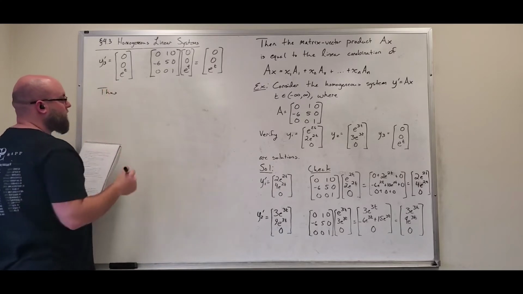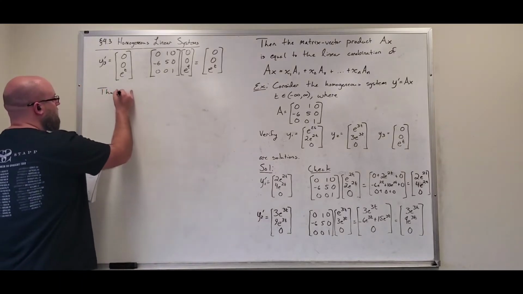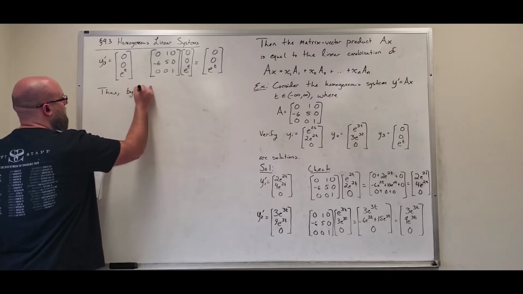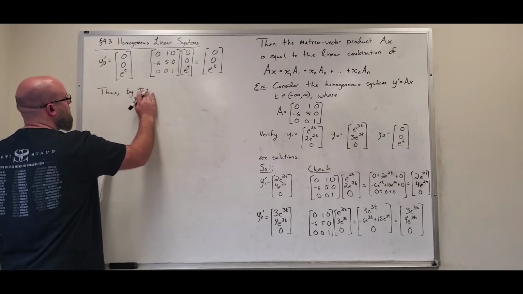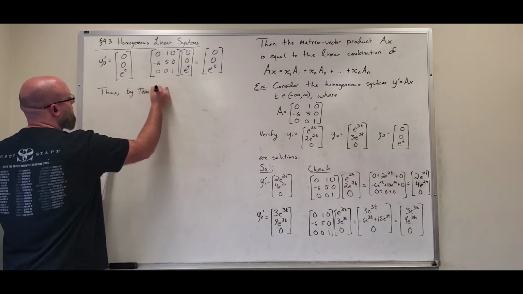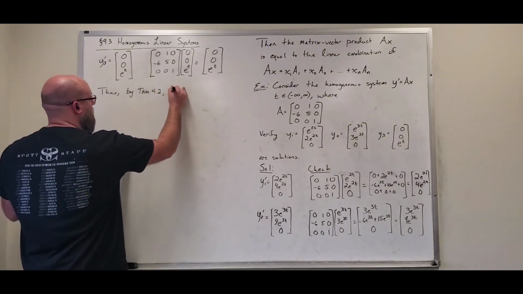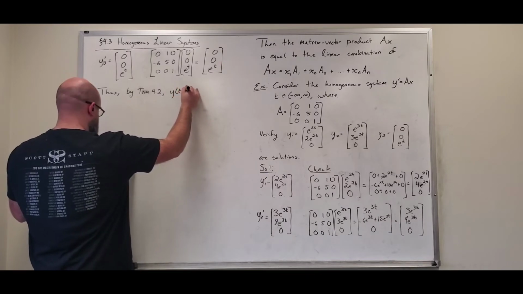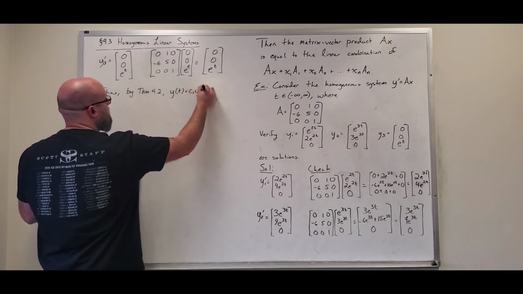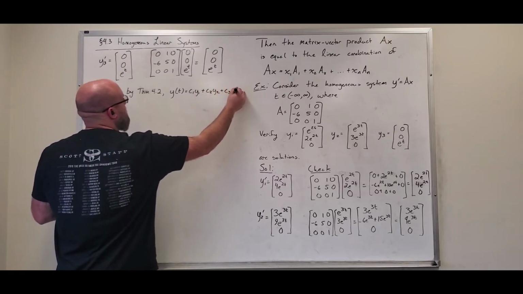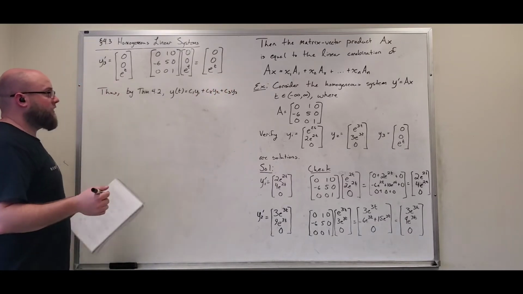All right, so since these guys are solutions, thus, by the principle of superposition here, by theorem 4.2, we know y of t, which is equal to c1y1 plus c2y2 plus c3y3, is also a solution.